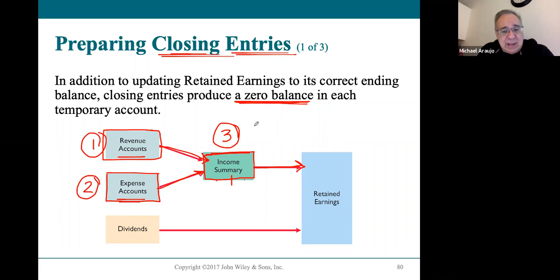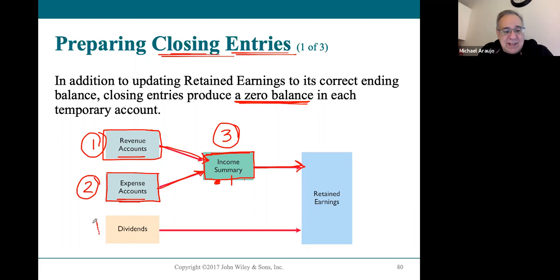So we get income summary to a zero balance, usually on the debit side, and we move the credit over to retained earnings. Now, that makes perfect sense because increasing retained earnings happens on the credit side. And this is the same as adding the net income to retained earnings, which would happen on the credit side of the account.